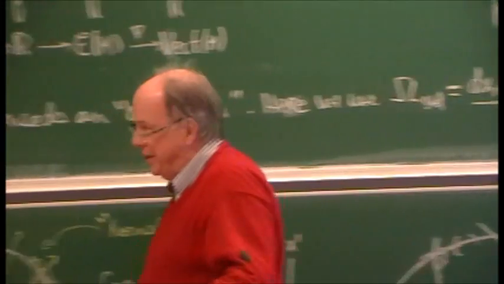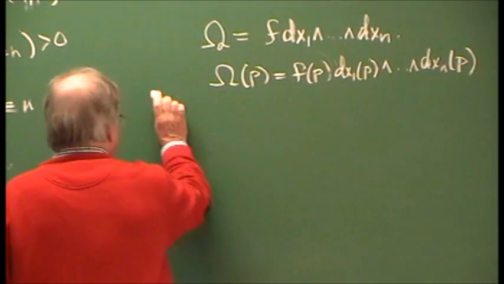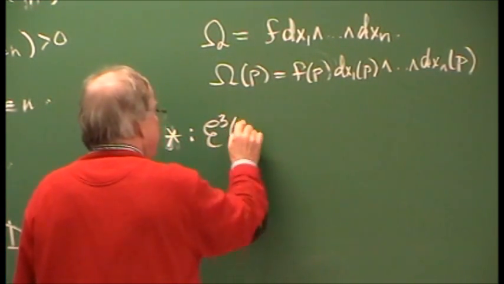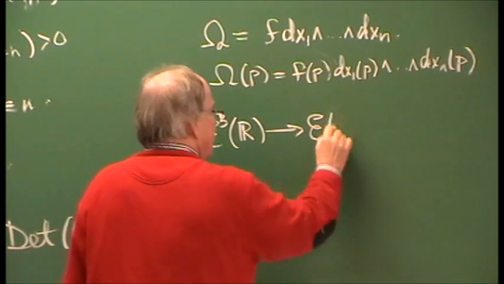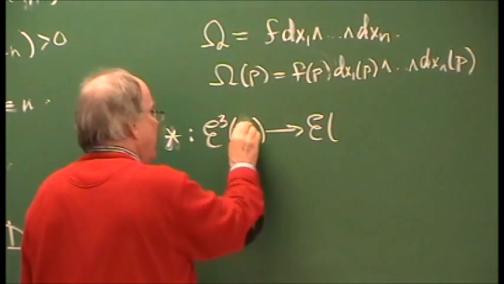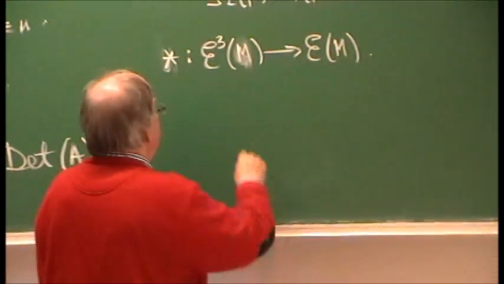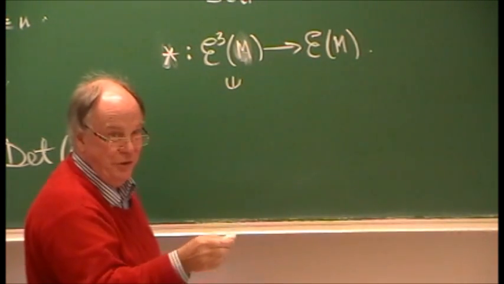Okay, and now Hodge. I told you Hodge needs an orientation. So star maps n forms, what did I guarantee you, to functions. Oh, I'm sorry, n forms to functions. Well, what is it? Well, I just told you. You're going to really hate me. This is too trivial.